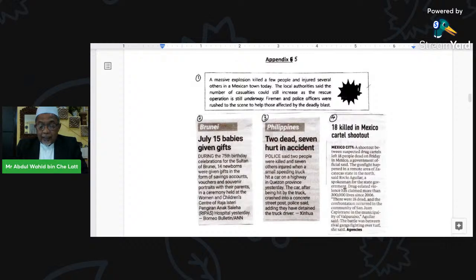Drug-related violence has claimed more than 300,000 lives since 2006. There were 18 dead, and the confrontation occurred in the community of San Juan Capistrano in the municipality of Valparaiso, Aguilar said. The battle was between rival gangs fighting over turf, she said.